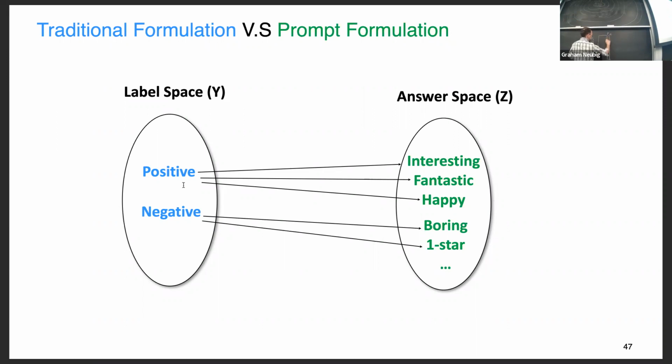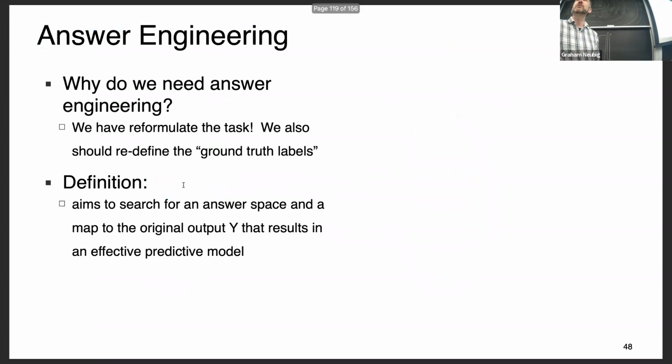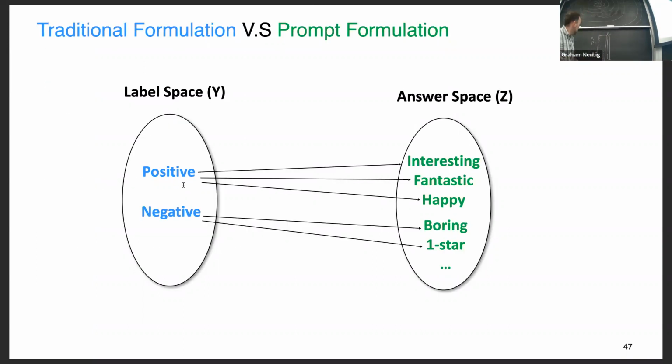Then you have a matrix here that maps the answers to the labels. If you do this matrix multiply, you can take in the probabilities of the answers and output the probability of the labels. So it doesn't necessarily need to be a many-to-one mapping. You could have it be a many-to-many mapping.